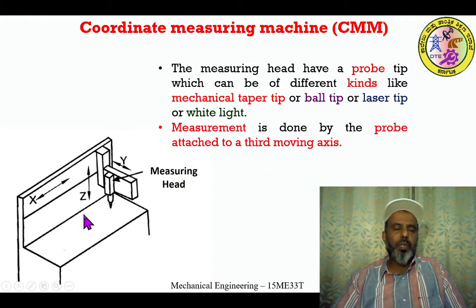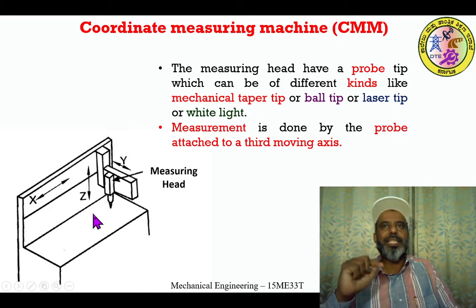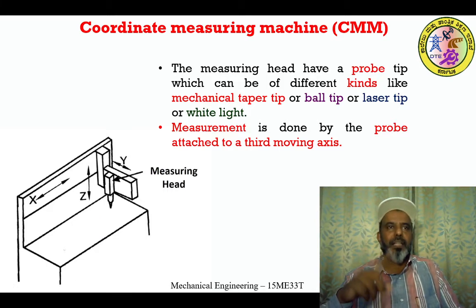And you should also remember, generally the measurement is done by the probe attached to the third moving axis. Here the third moving axis is always the Z axis. The probe is always attached to the Z axis, and the measurement is taken in this Z axis only.